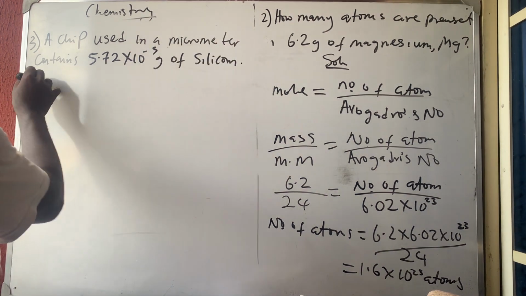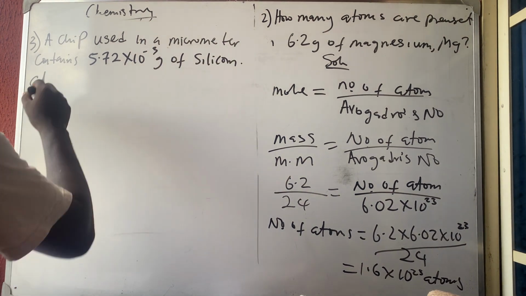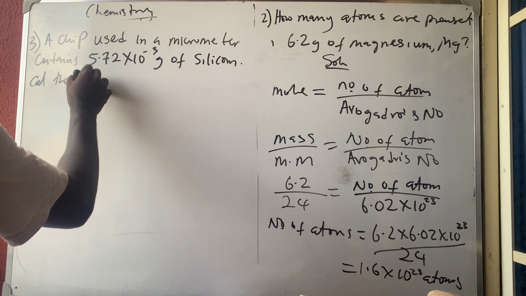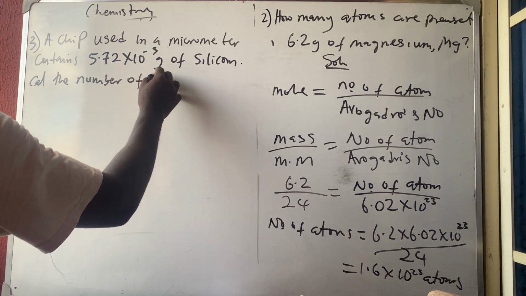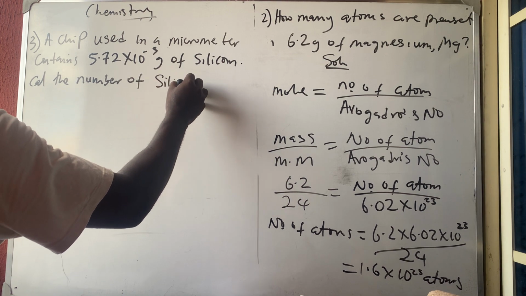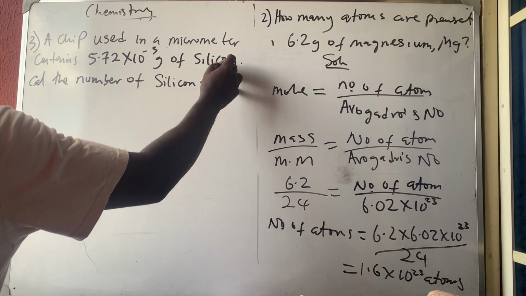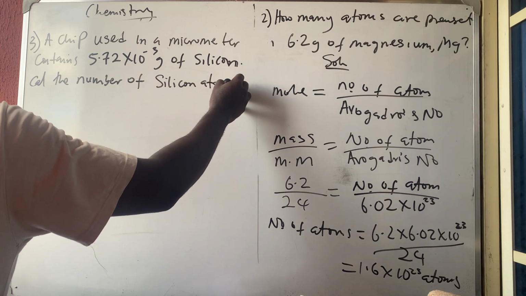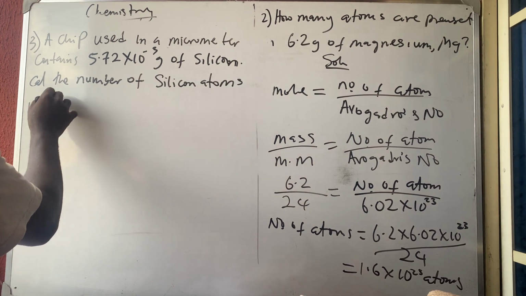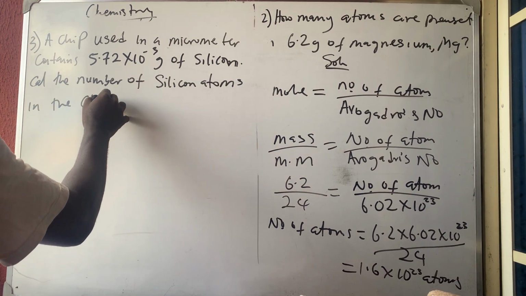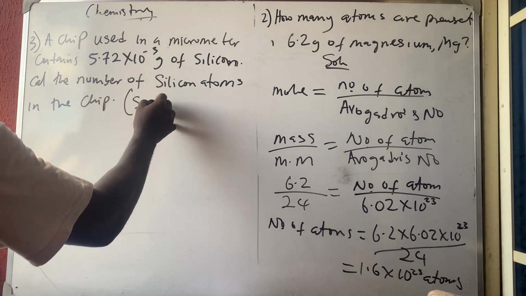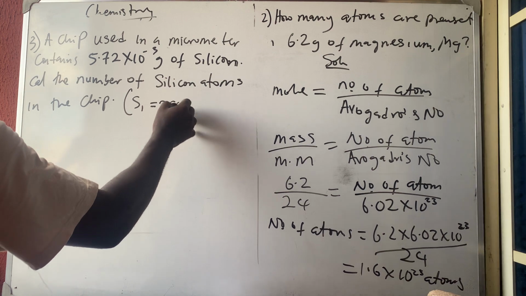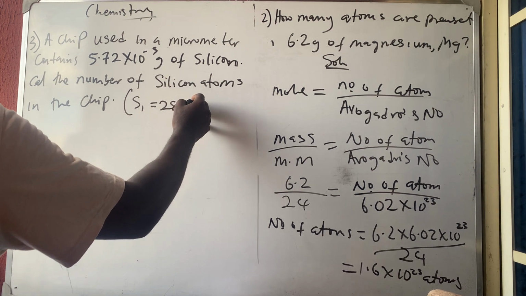Calculate the number of silicon atoms in the chip. And they say that silicon, Si, is equal to 28.